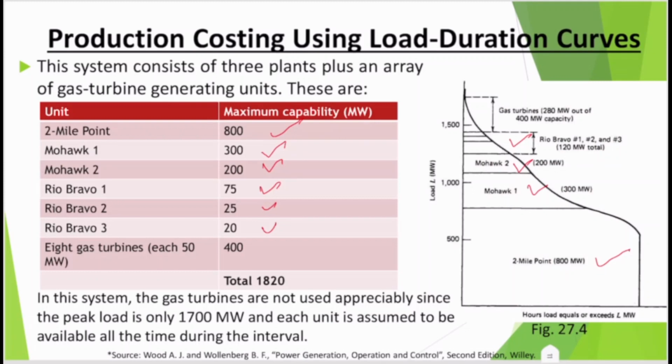So 1700 minus 1420 is 280. So I need 280 out of 400. That 280 megawatt must come from the last plant, and that will be assigned to this zone for my peak. So what has happened now?